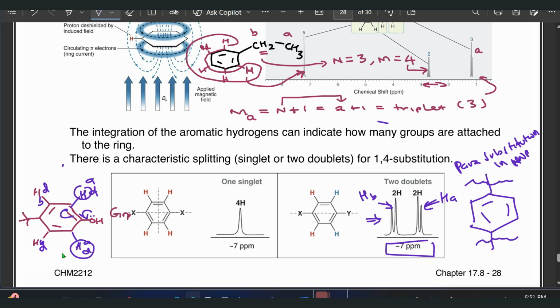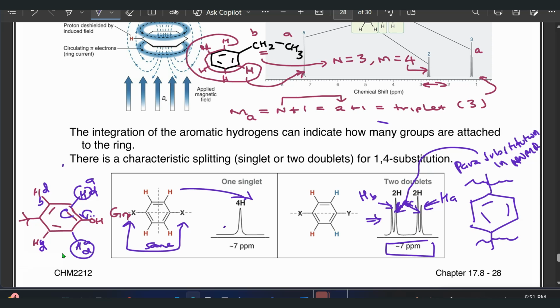Para substitution in proton NMR is shown by this. The one on the left is still para substituted, but you're not going to get two doublets because the substituents are the same, symmetrical. So if I see two doublets at 7, I'm going to get a para substituted phenol. If you see one signal, there's no splitting because they are similar.